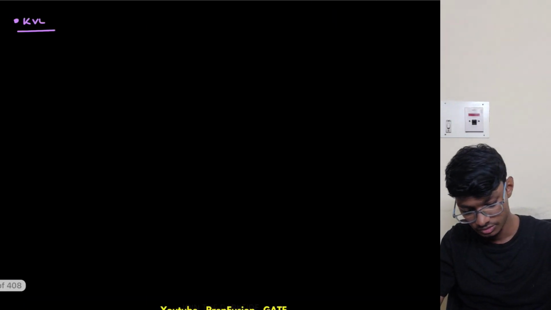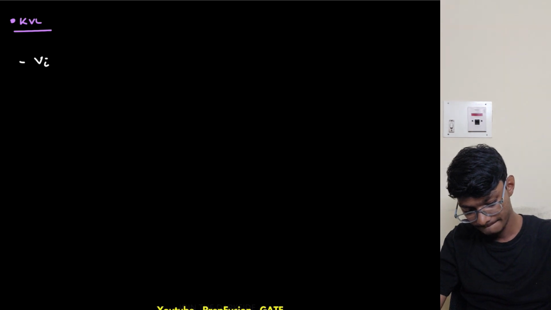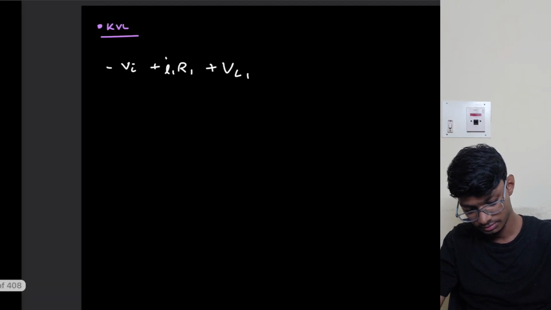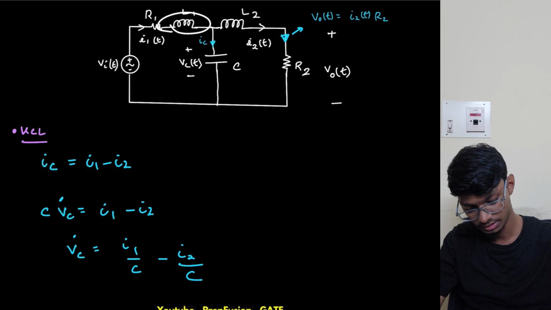Now the KVL is simply minus VI, plus I1 R1, then plus VL1, this inductor. Let me mark the voltages.